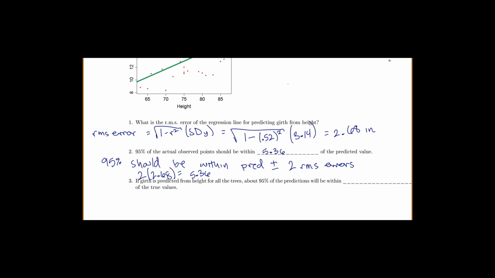So 95% of our predictions we made should be within, again, 5.36 of our true observed values. So that's just our 2 RMS errors. So it's just saying the same thing. If 95% of your true observed points are within 5.36 of the predicted, then that means that 95% of the predictions are within 5.36 of the true observed values.